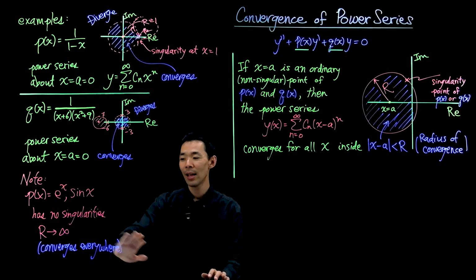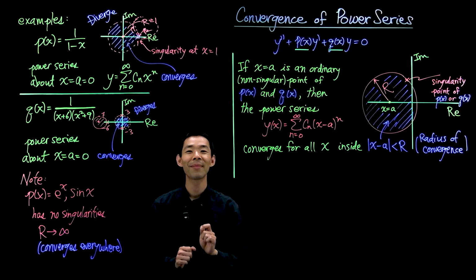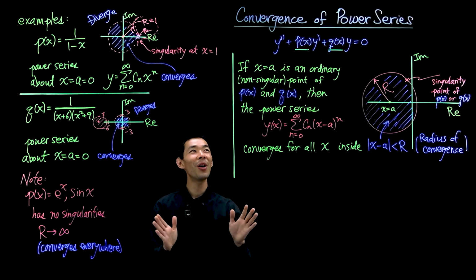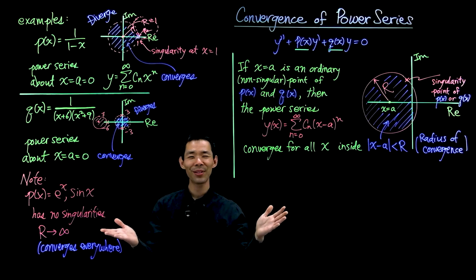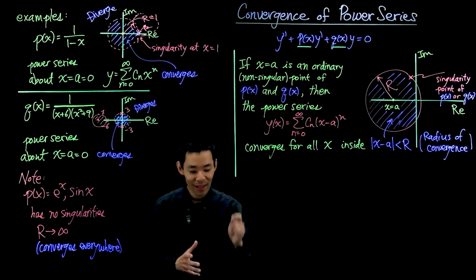You're guaranteed that your power series is going to be valid and converge everywhere. Good. Now that you know a little bit about the power series and where you might be able to use it and where it stops being valid, let's do an actual example and you'll see how we can develop a power series solution to a real differential equation.